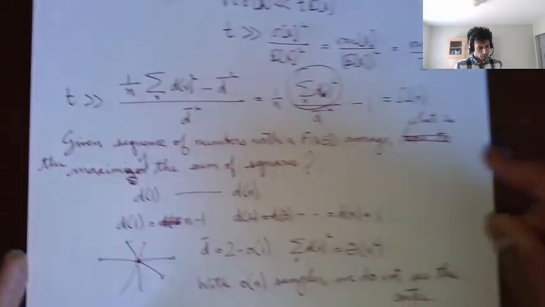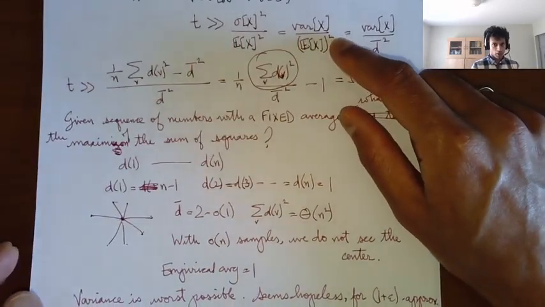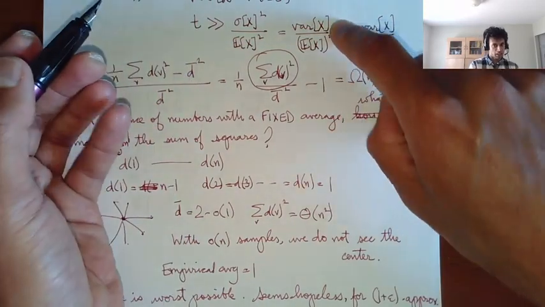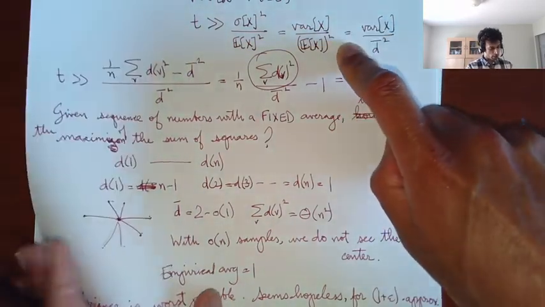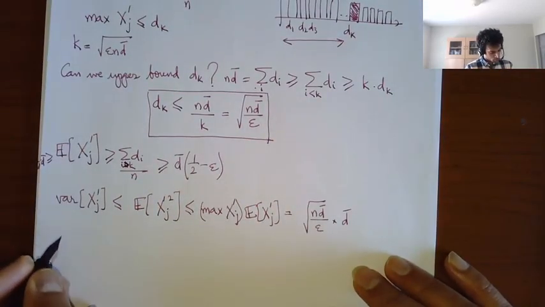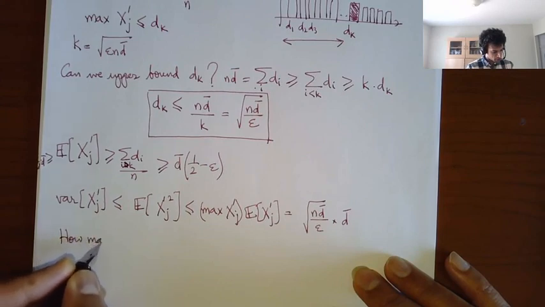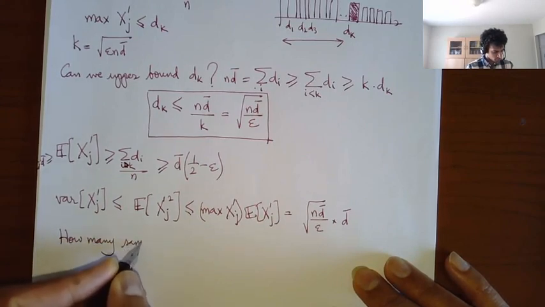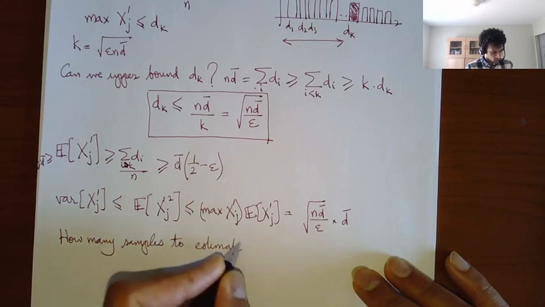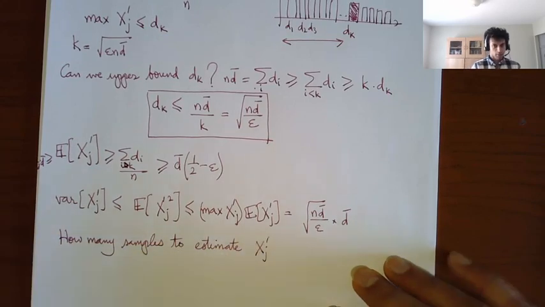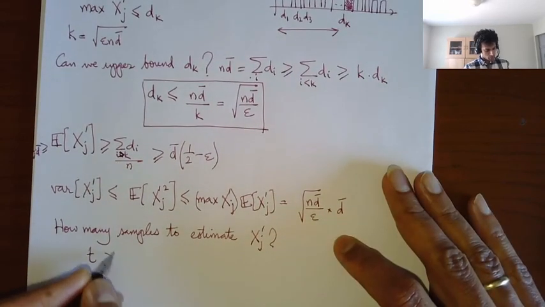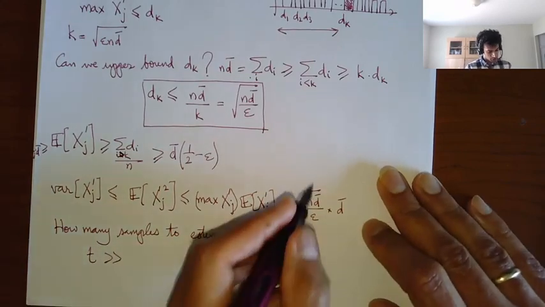Let's go back to our Chebyshev calculation, which says the number of samples you need is essentially the variance divided by the expectation squared. So we go here and we say how many samples to estimate xj prime. Well, the number of samples we need is at least the variance.